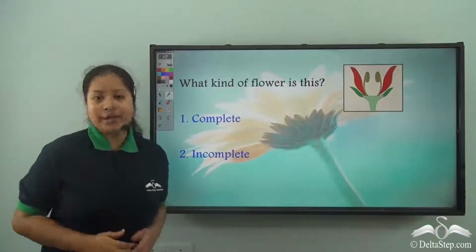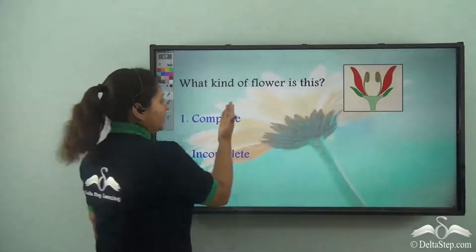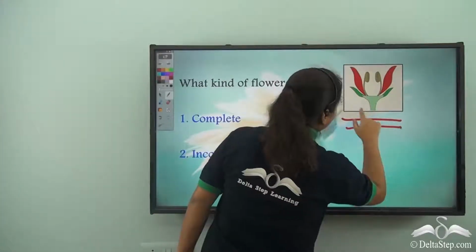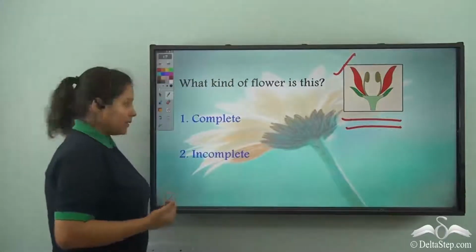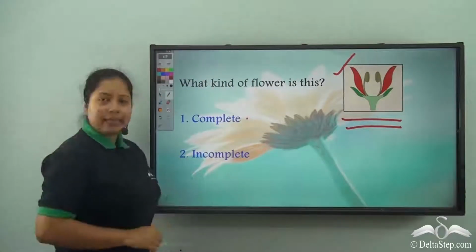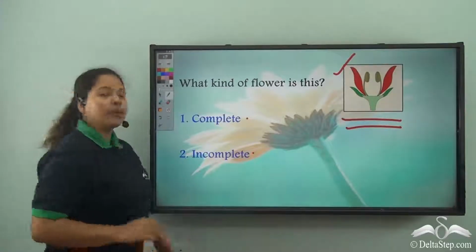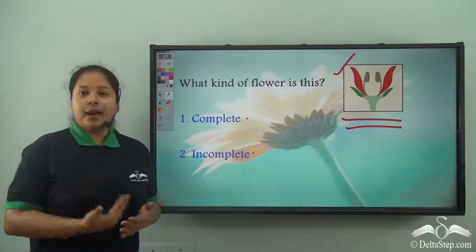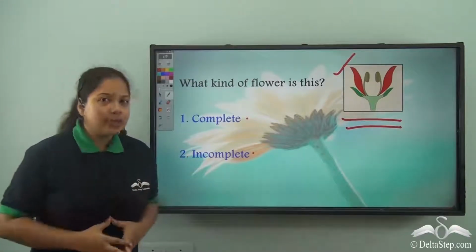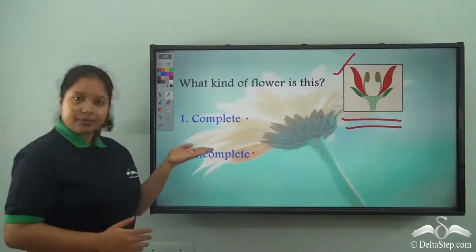So I have a question for you. What kind of flower is this? Look over here. This is a flower. So what kind of flower is this? Is it option 1 complete or option 2 incomplete? Let me tell you. A flower which has all the 4 whorls is known as a complete flower.